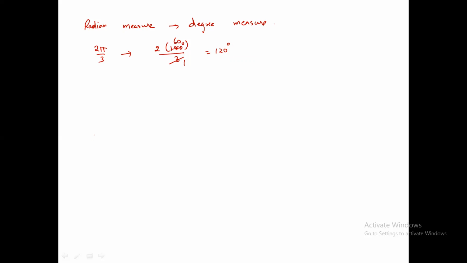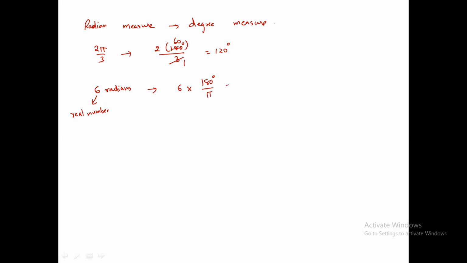But sometimes you will be given radian measure in real numbers. 6 radians. It's a real number. 6 is a real number. Then how will you change it to degrees? You have to multiply 6 by 180 degrees by pi.